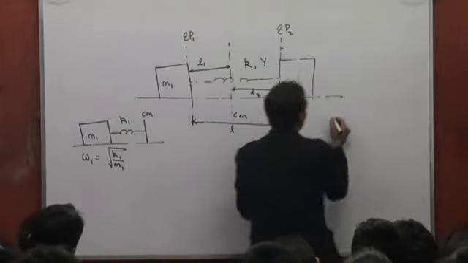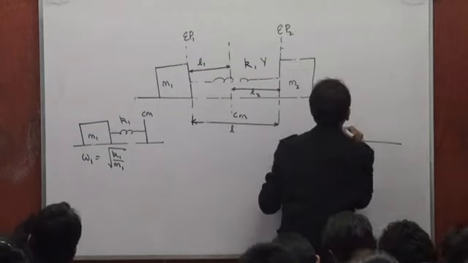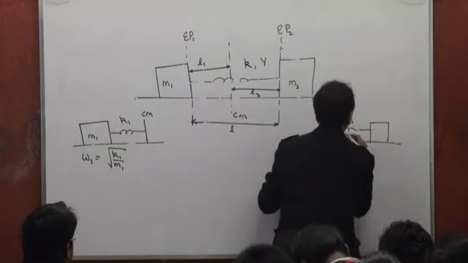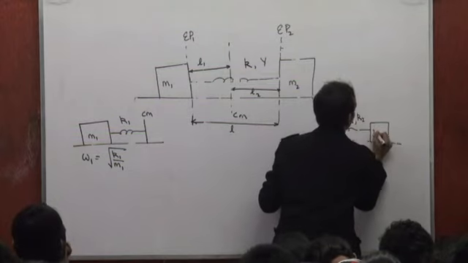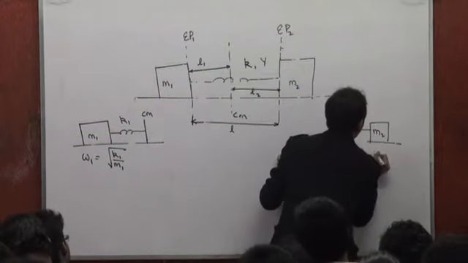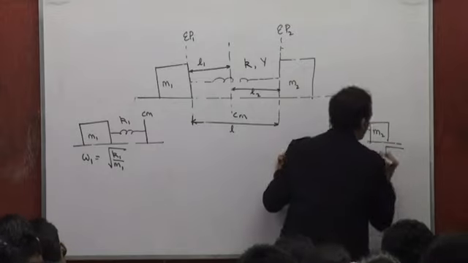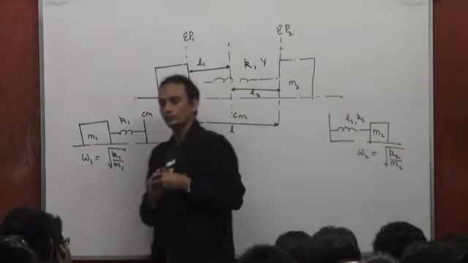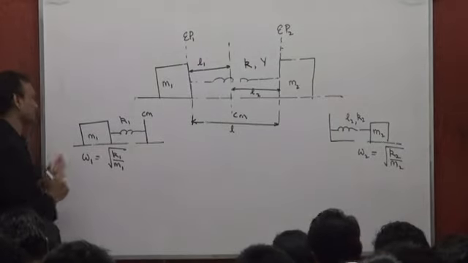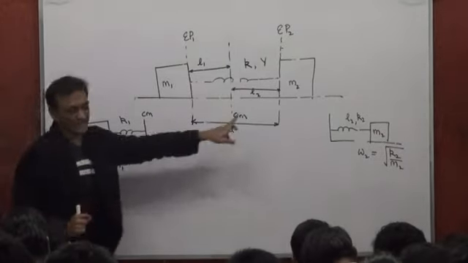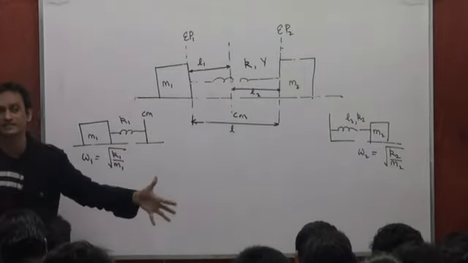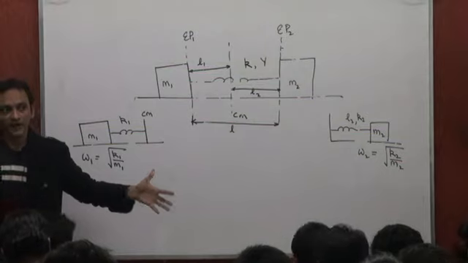And for M2, there is this length L2 with force constant K2, and the omega for this length is going to be root K2 by M2. Yes or no? So then, if I can calculate K1 and K2, then I would know omega 1 and omega 2 of the two masses in a scenario of this kind. Right?